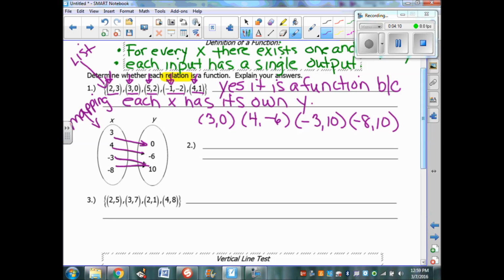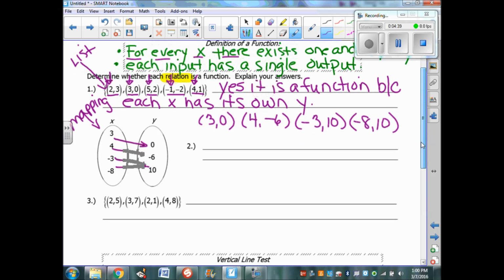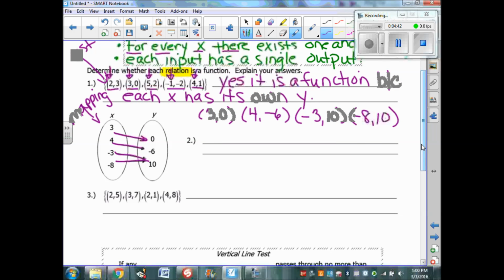So when I look back through it, does each input have a single output? Yeah. So 3 gets 0, and 4 gets -6, and -3 gets 10, and -8 gets 10, and then you start to question yourself and say, okay, well 10, that output has 2 different inputs. That's okay, because go back to our definition. For every x, there exists one and only one y. So the x's can have the same y's.